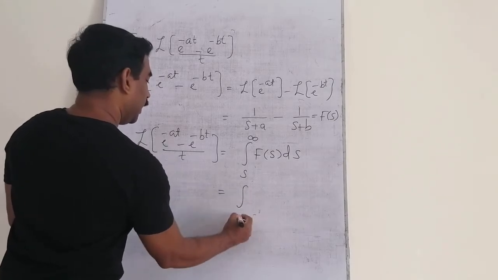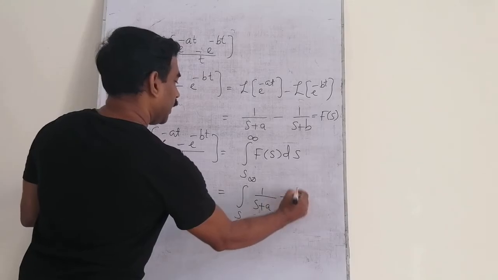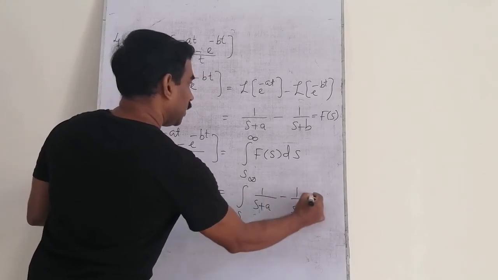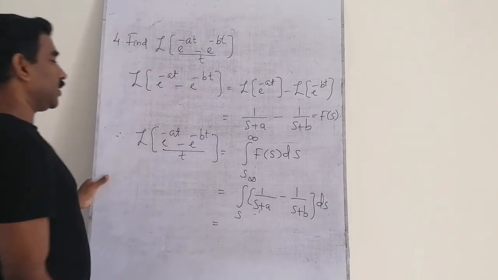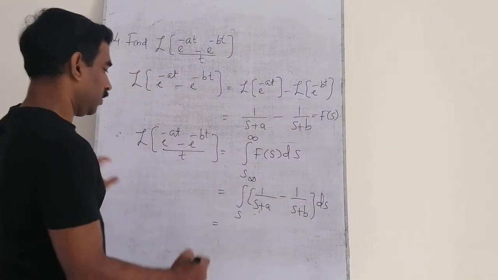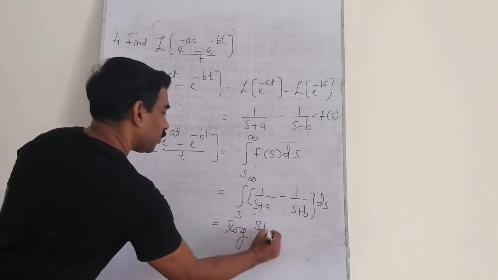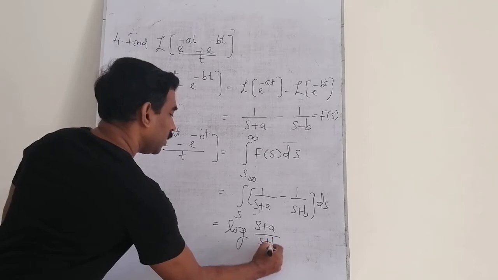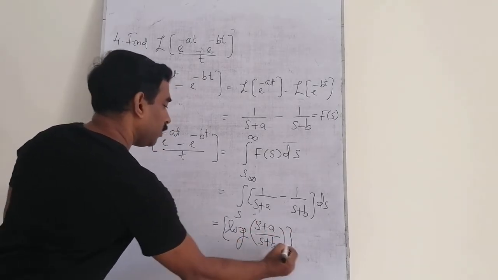That is equal to the integral from s to infinity of 1 by (s plus a) minus 1 by (s plus b) ds. So these are two simple integrals. Integral of 1 by (s plus a) gives log(s plus a) minus log(s plus b), or this is equal to the logarithm of (s plus a) divided by (s plus b) by applying the property of logarithm, evaluated from s to infinity.